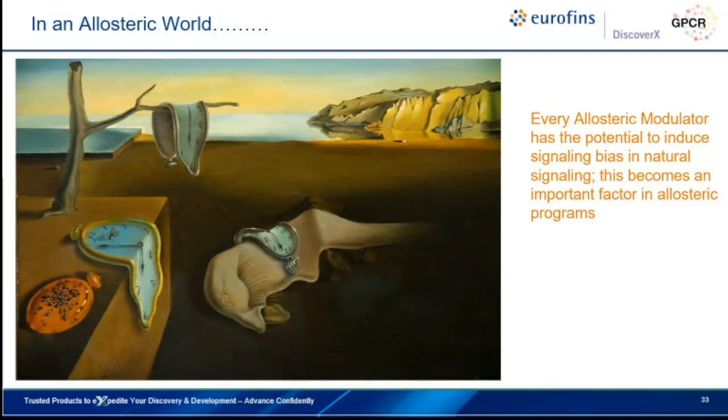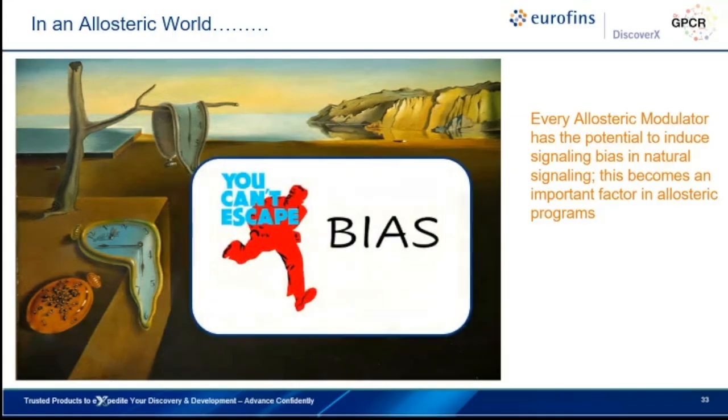So remember when I said any allosteric change in shape has the potential to be probe dependent. If you're making an allosteric compound, PAMs, NAMs, they are changing shape. They are going to induce bias. You can't escape it.